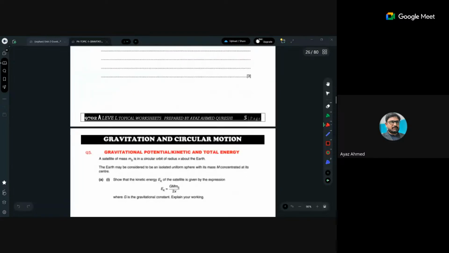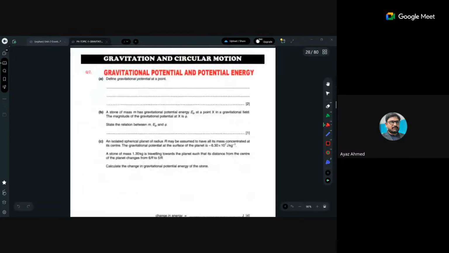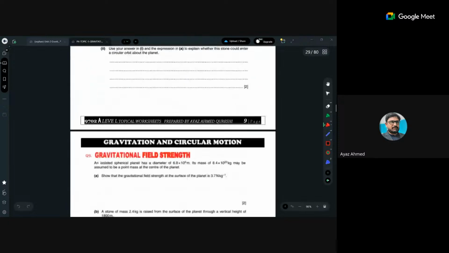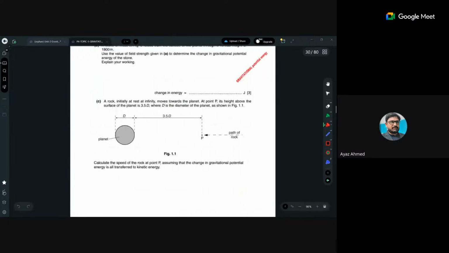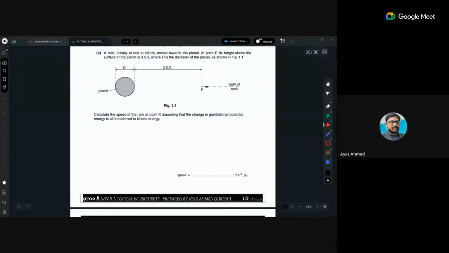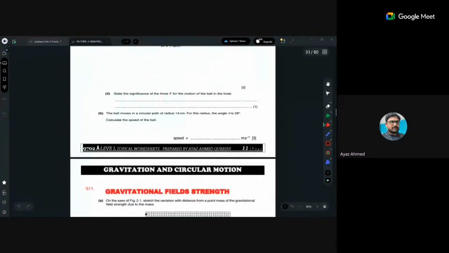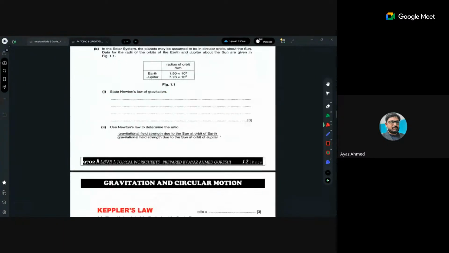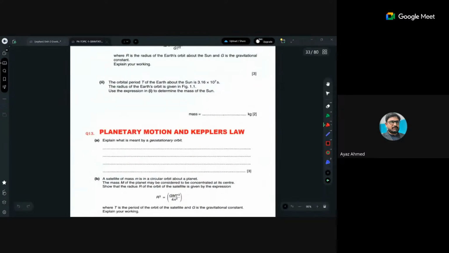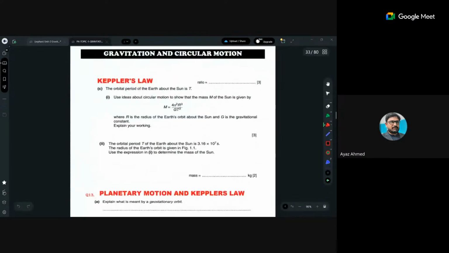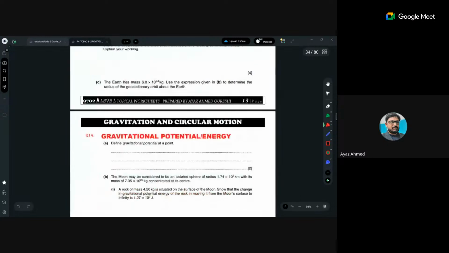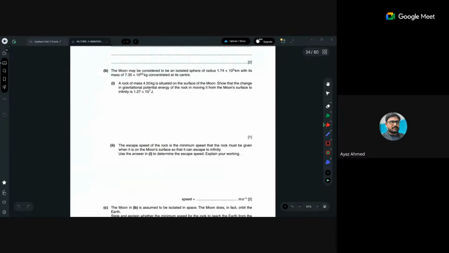This is a planetary motion question. No, this is Kepler's law. Sorry, this is Kepler's law.